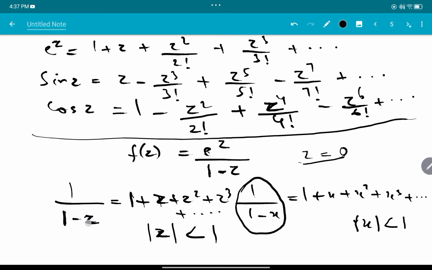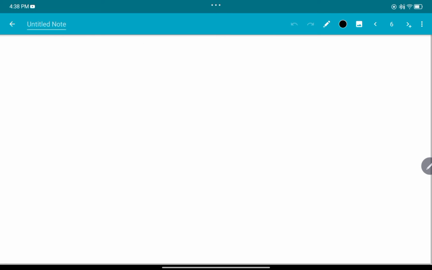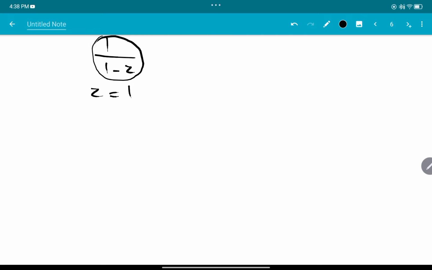And z equal to 1 is the singularity. We have the singularity of 1 by 1 minus z at z equal to 1. You can see z equal to 1 is the singularity, so this function can be expanded only within this circle.